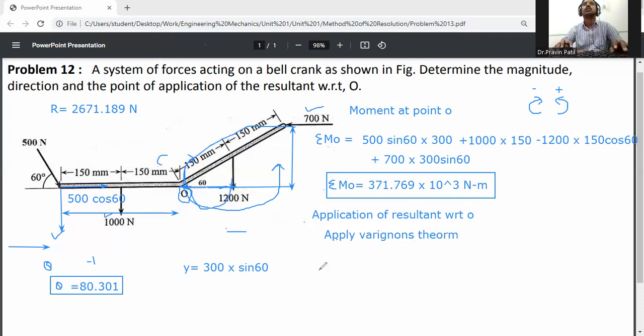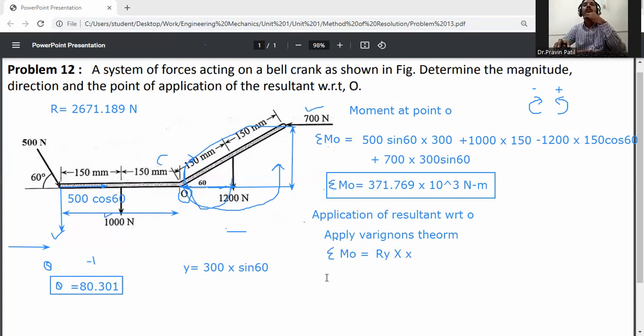First of all, the summation of moment at O is equal to the moment of the resultant at O, which is Ry into x. We need to calculate x and y, so the summation MO is equal to Ry into x.